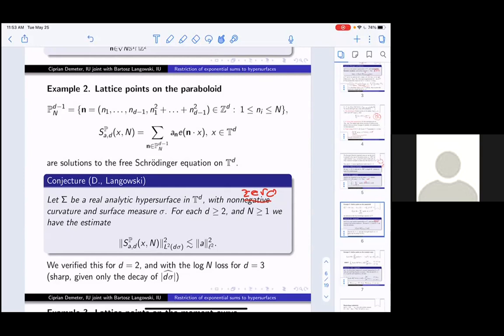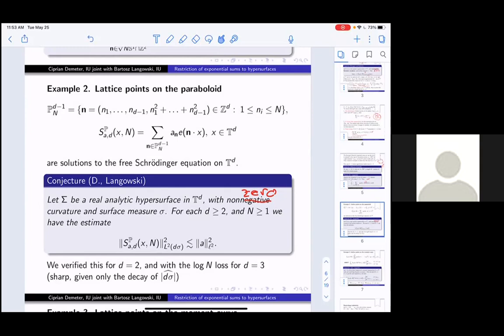There's divergence when it comes to discrete restriction questions, when the measure on the paraboloid or the sphere is concentrated on lattice points.